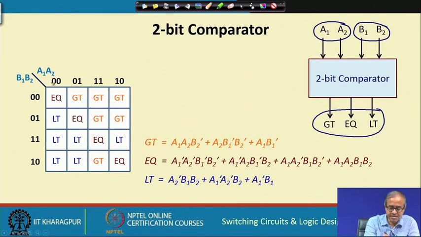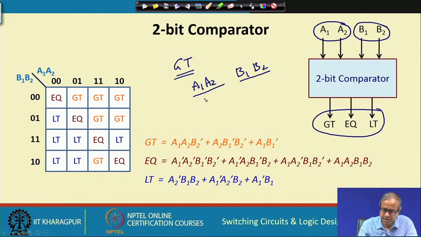Let us construct the Karnaugh map, with A1 A2 along this side, B1 B2 along this side. Let us think of the 3 scenarios separately, greater than. So, what are the greater than scenarios? Let us take some examples, A1 A2 and B1 B2.